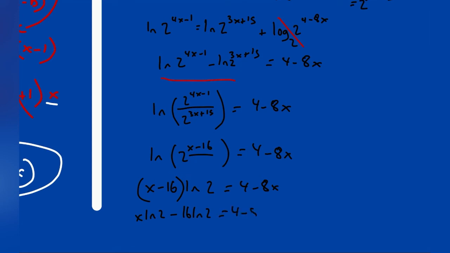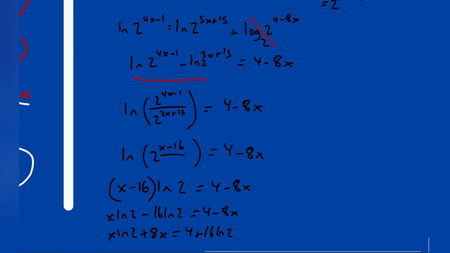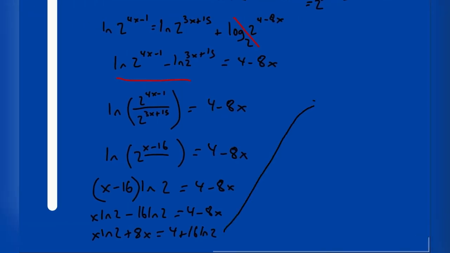This is equal to 4 minus 8x. Then if I want to bring all the x terms to one side, I get x ln 2 plus 8x is equal to 4 plus 16 ln 2.